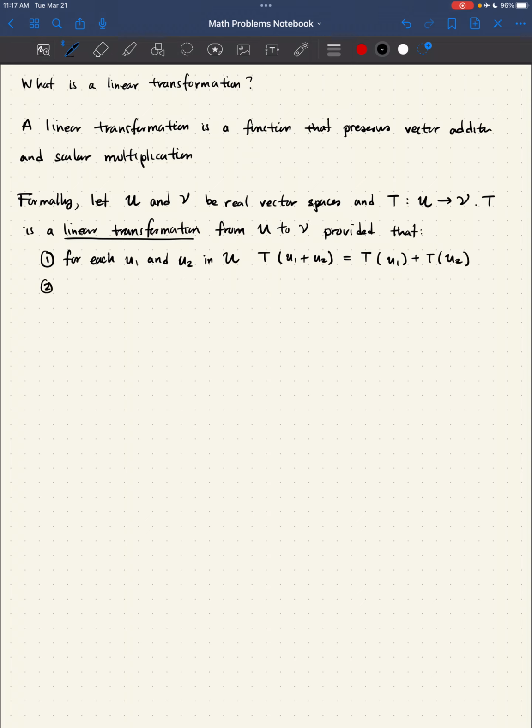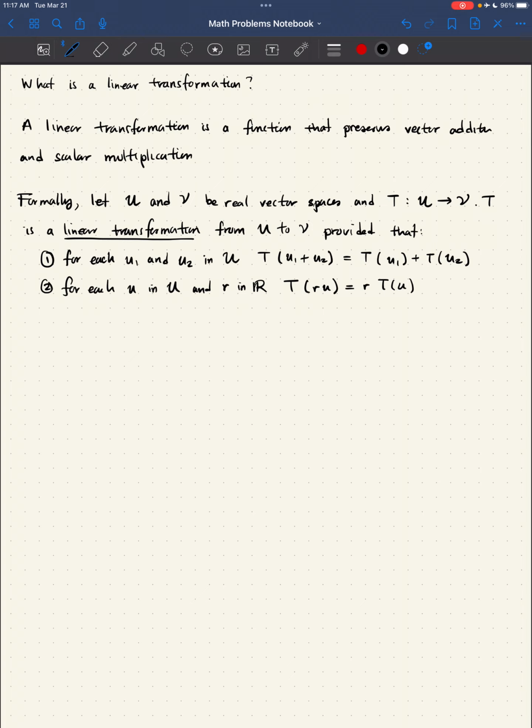Second, for each U in U and R a real number, we have that T of R times U is equal to R times T of U. In other words, the scalar product is preserved.